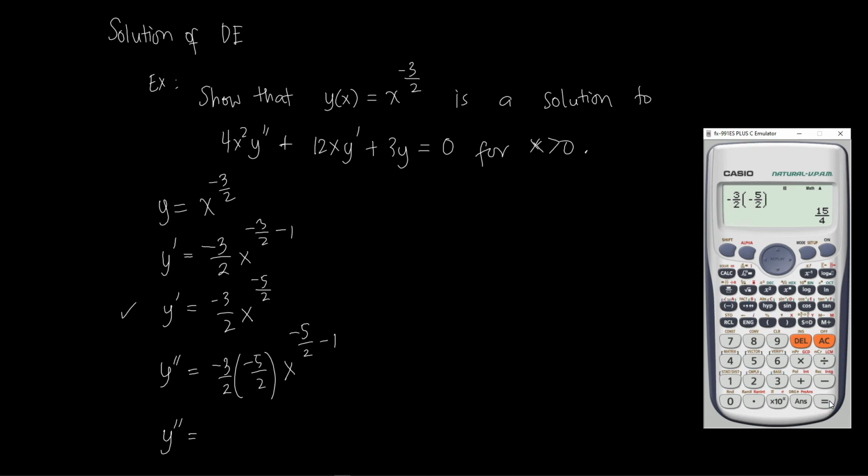Okay, so that is 15 over 4. So we have 15 over 4 x. Okay. So yung exponent, evaluate natin yung exponent. We have negative 5 over 2, minus 1. That is negative 7 over 2.